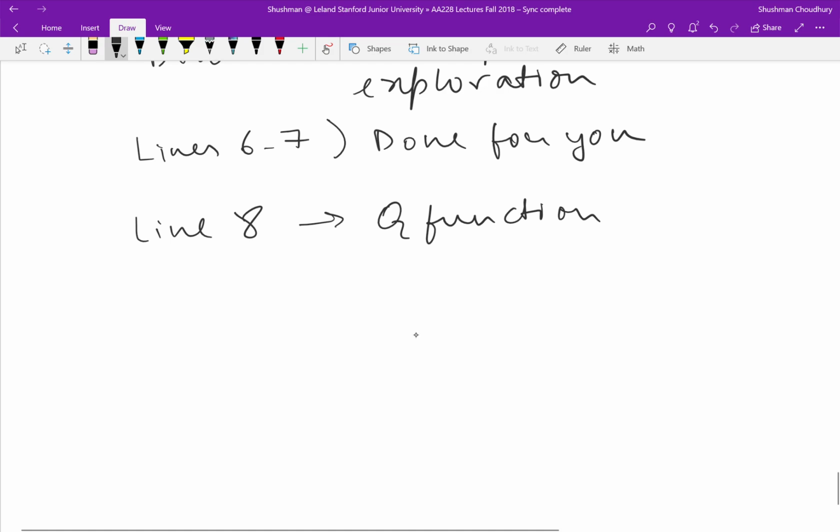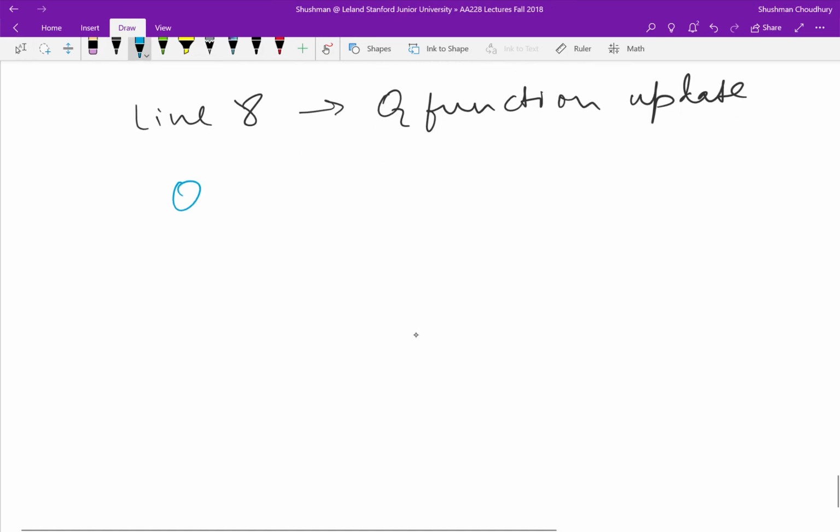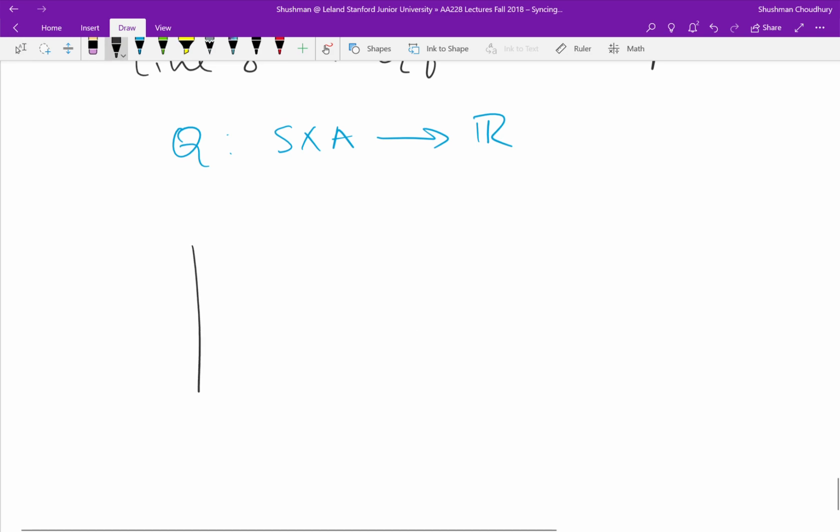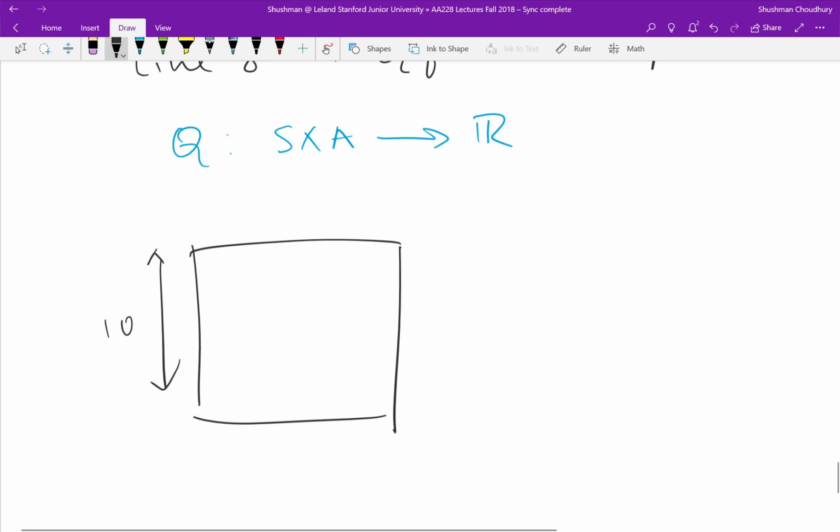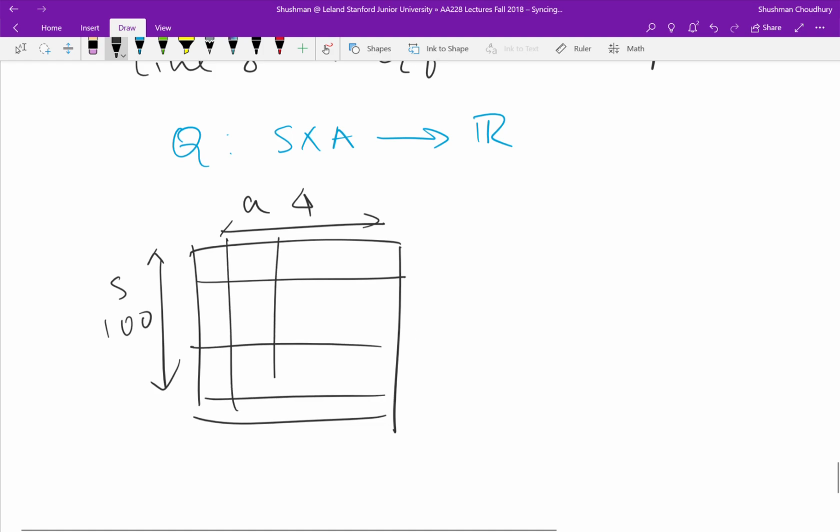And in terms of how you would actually implement this, note that Q is a function of the state and the action, so it's the action value function. So you can have a Q matrix like this, 100 here and then 4 here. These are the actions, these are the states, and you could initialize everything with 0.